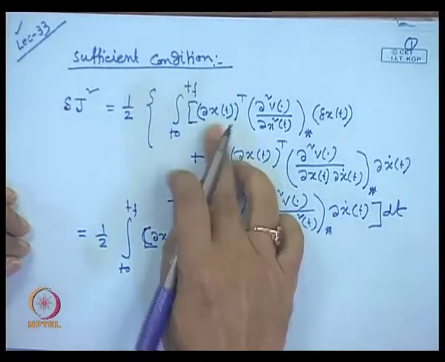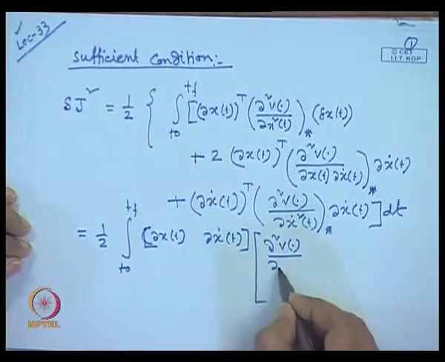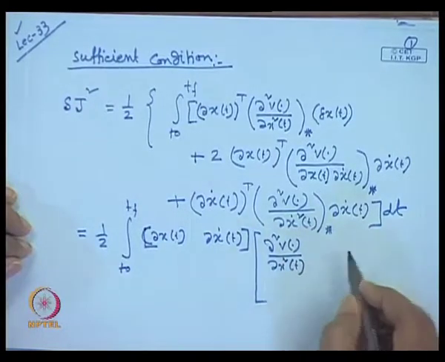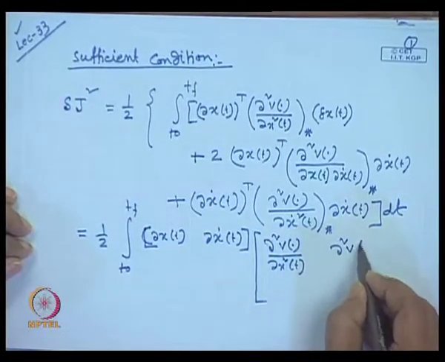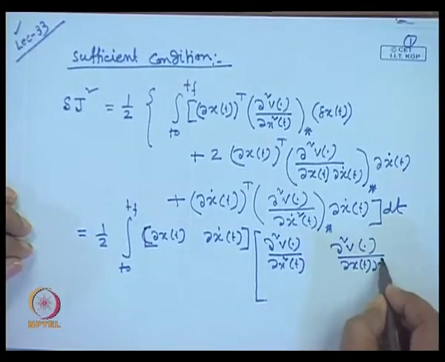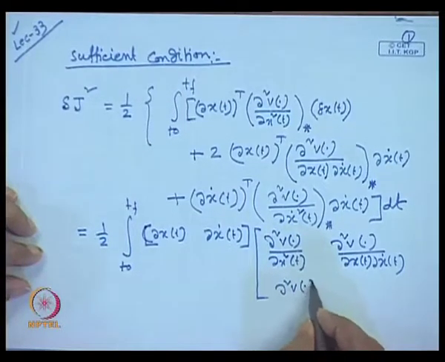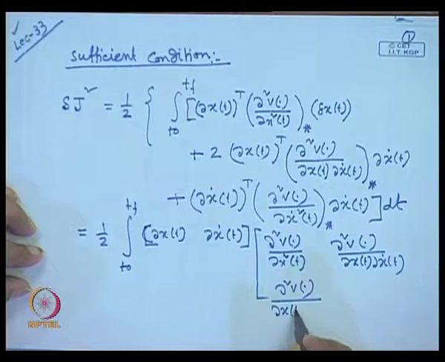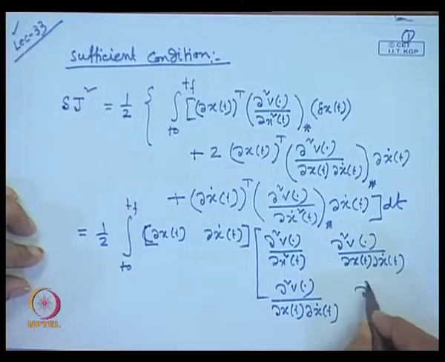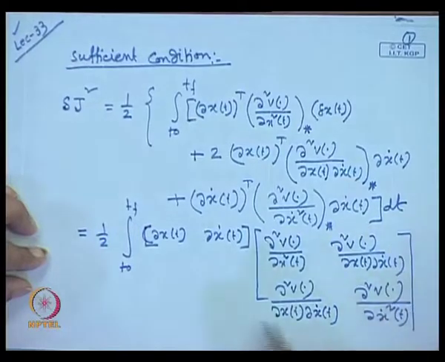Then you write del square v over del x square of t, then del square v by del x of t into del x dot of t, then del square v by del x of t into del x dot of t, then del square v by del x dot square of t, this whole matrix.